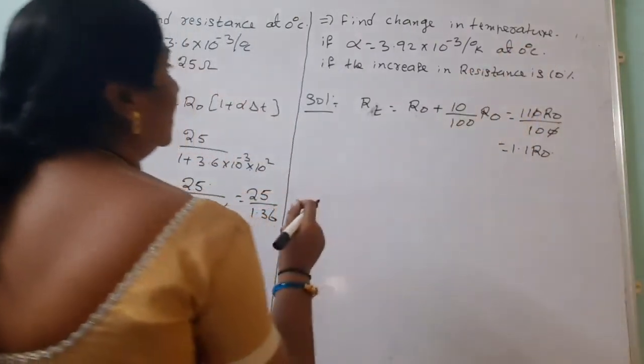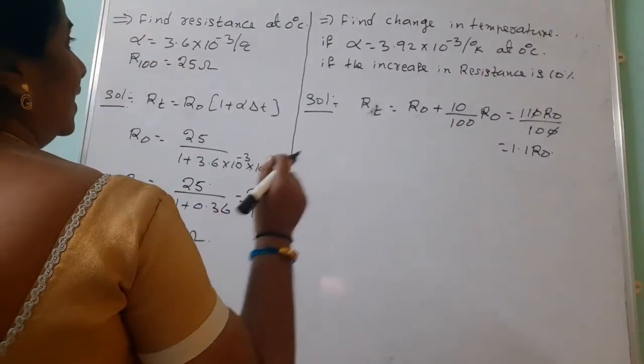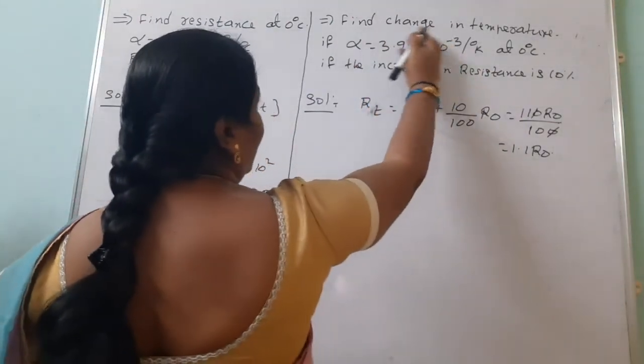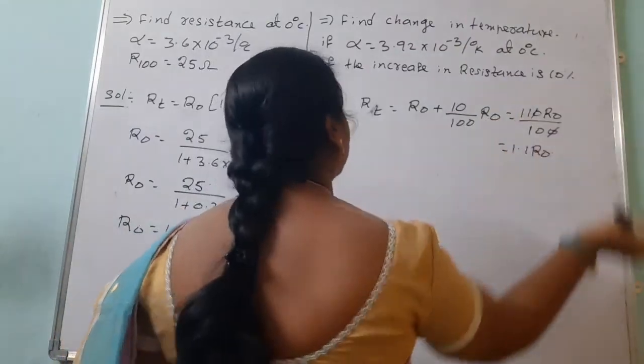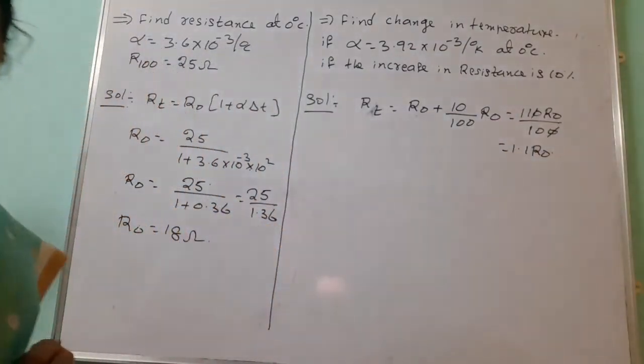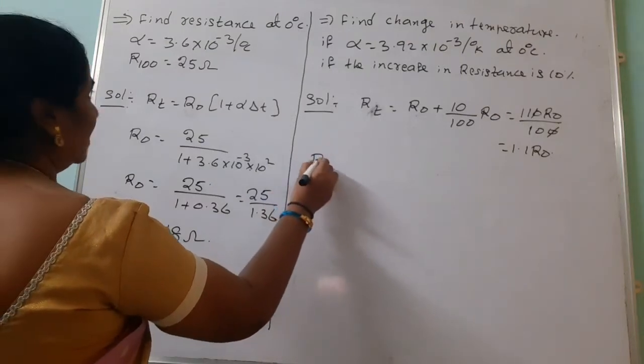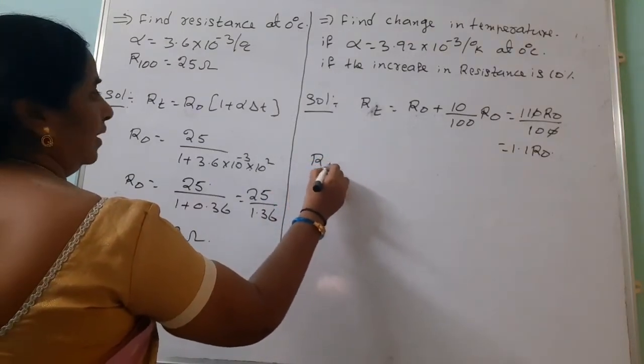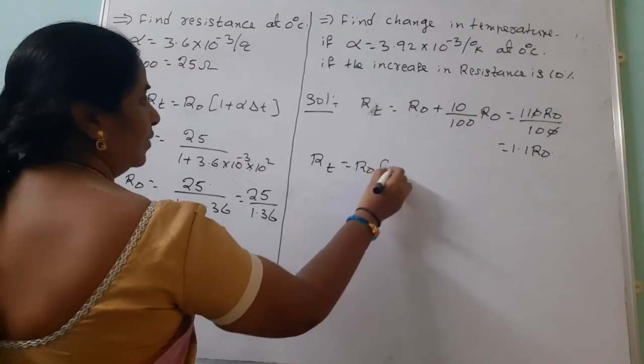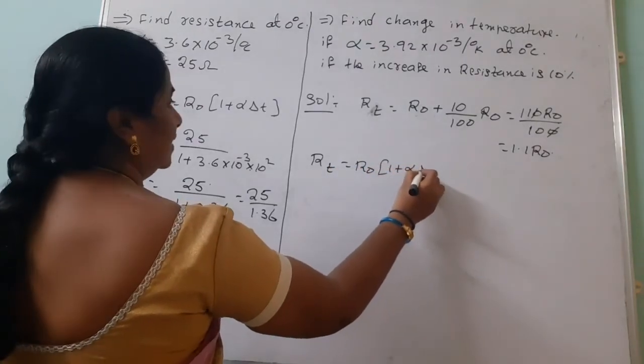And the initial temperature is 0 degree centigrade. Here we can find the temperature or change in temperature, same because the initial temperature equals 0 degree centigrade. So we can take this formula RT equals R naught into 1 plus alpha into change in temperature.